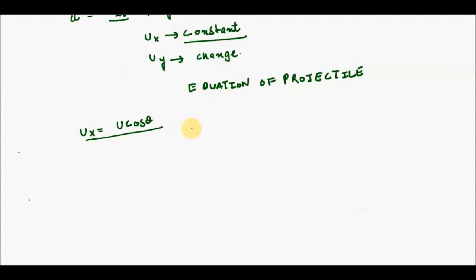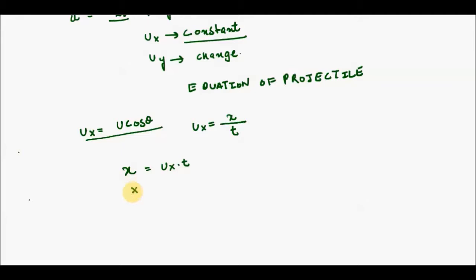We know speed ux is equal to distance traveled, let me say x, divided by time t. So the distance traveled will be simply equal to ux into t.